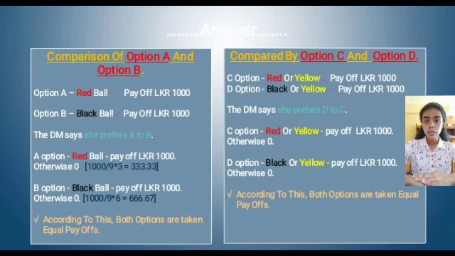Here, although there is more probability for B, the decision maker prefers option A. It depends on her choice, but it is not the best option. Thank you.